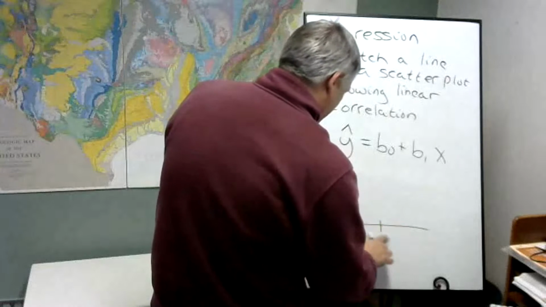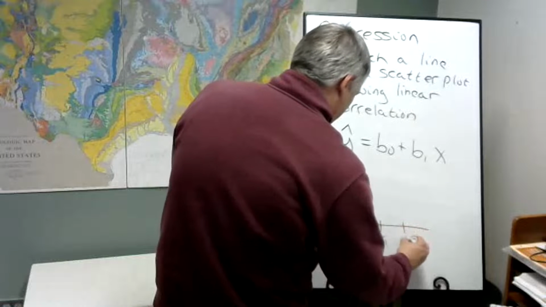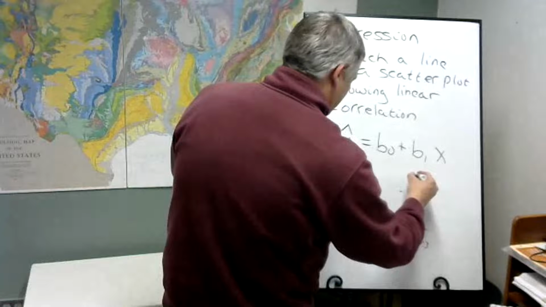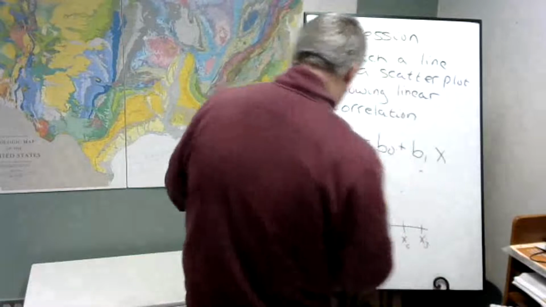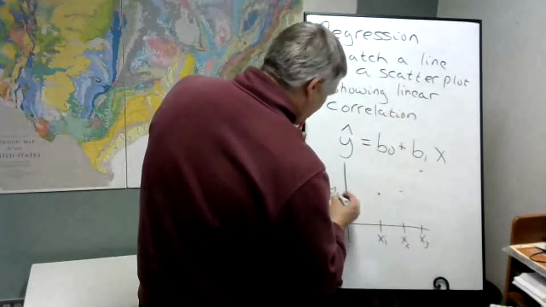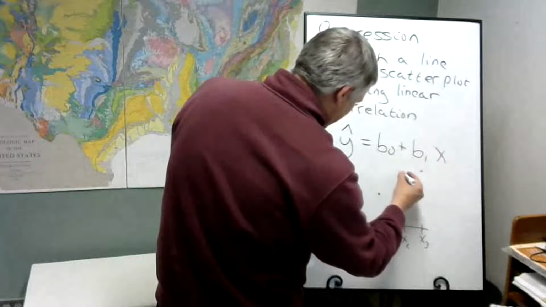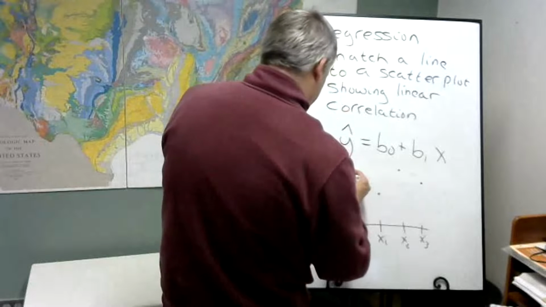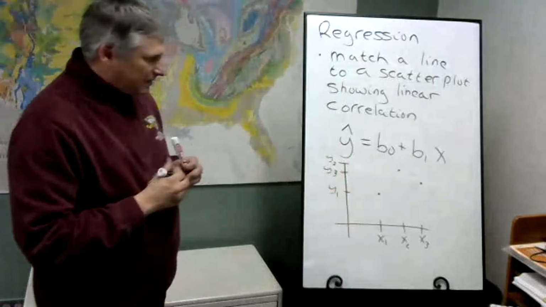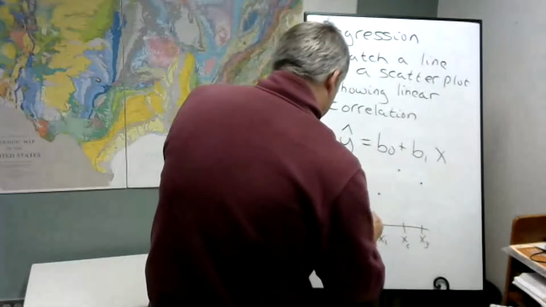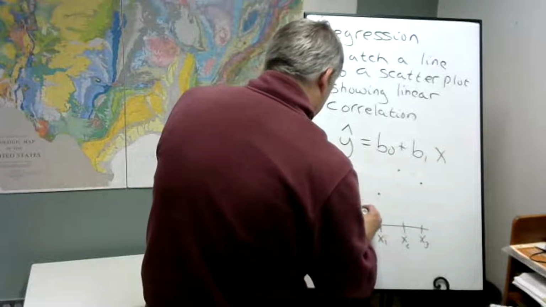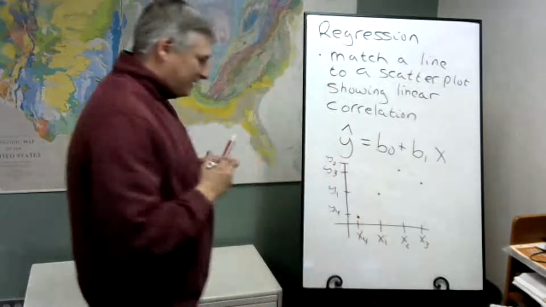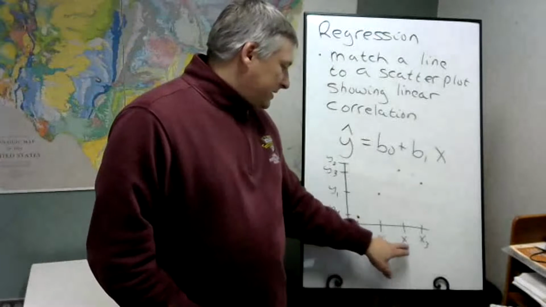We'll have x1, x2, x3, and x4, and y1, y2, y3. So these would be different temperatures of Roswell, day 1, day 2, day 3, day 4.